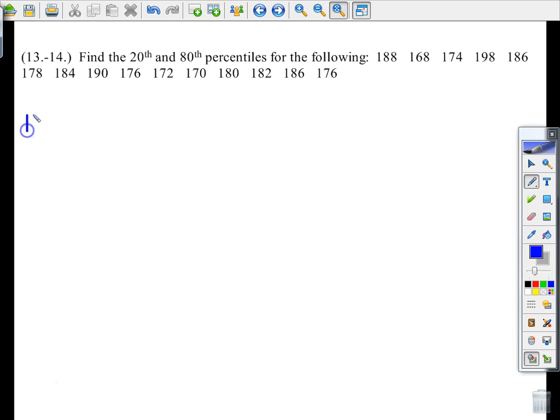We should have 168, and we'll just mark them off as we go. We got 170, okay, and 172. I'm just checking to make sure I don't have another one. 174, okay, 176.